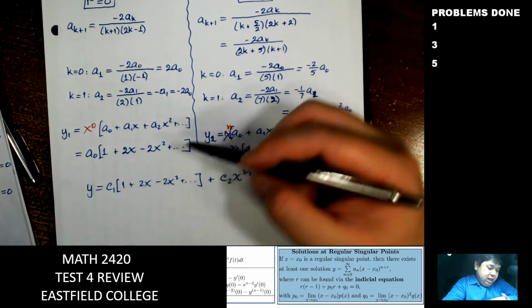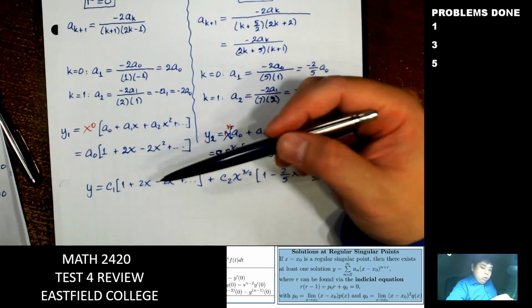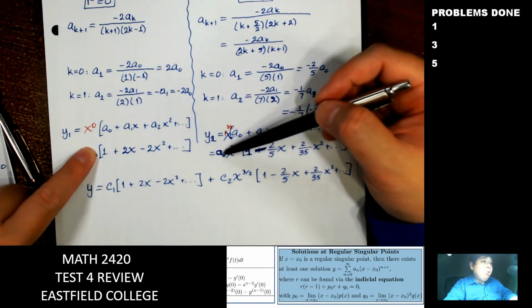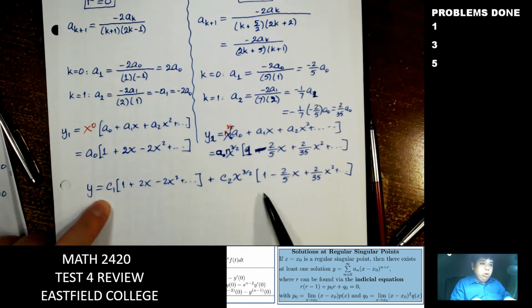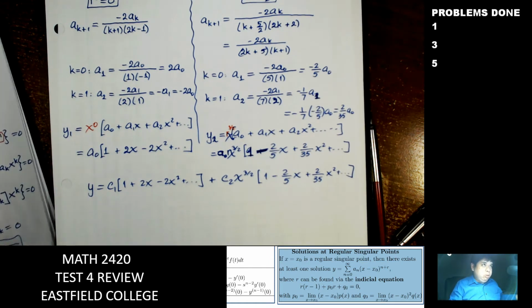So in the fundamental set of solutions, we don't really need the constant, but when we write the general solution, we're going to have the constant. So it will be like that.